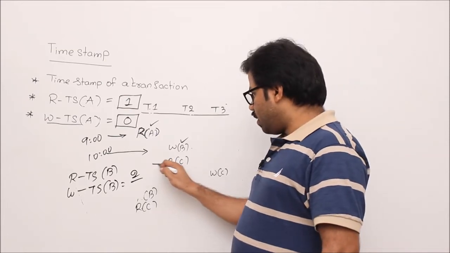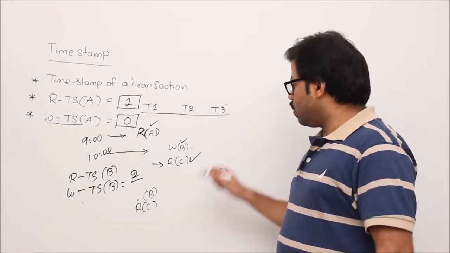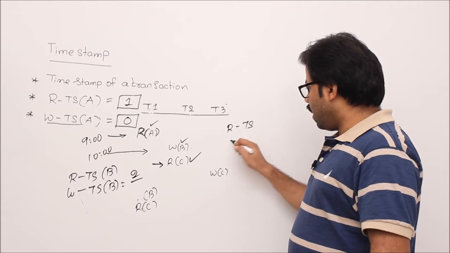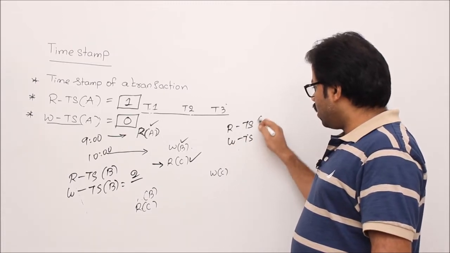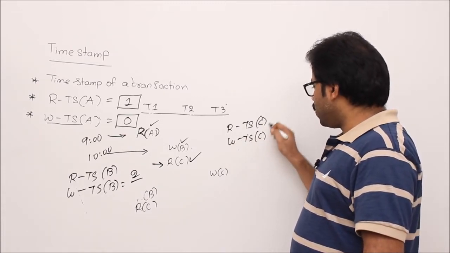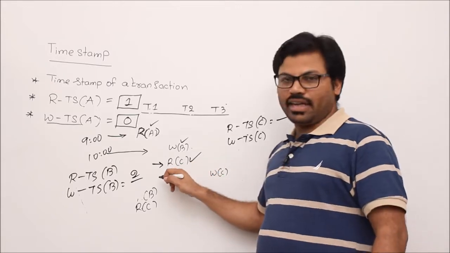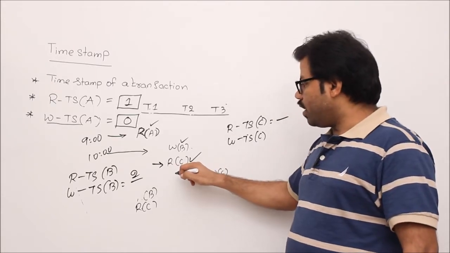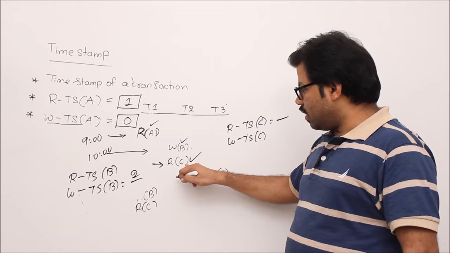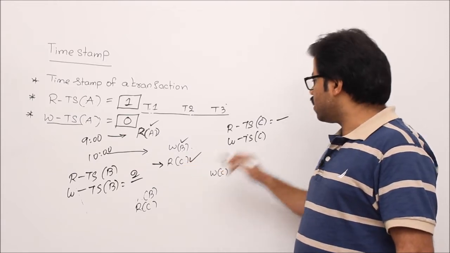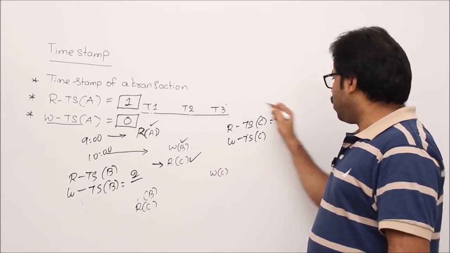After completing this task, the read timestamp of C will be updated, because it is reading. At this moment, who is the youngest among all the readers? T2, correct? That's why the ID will be 2.